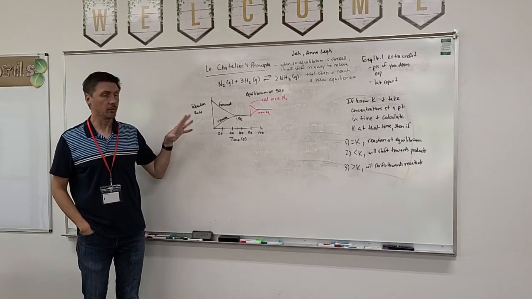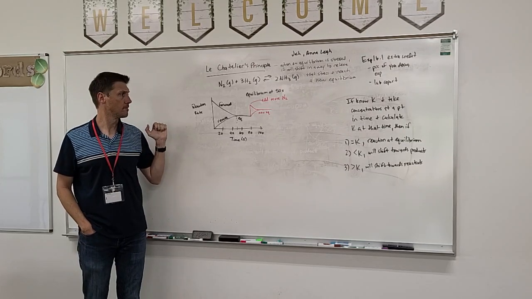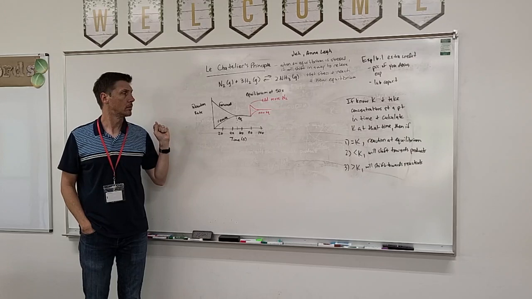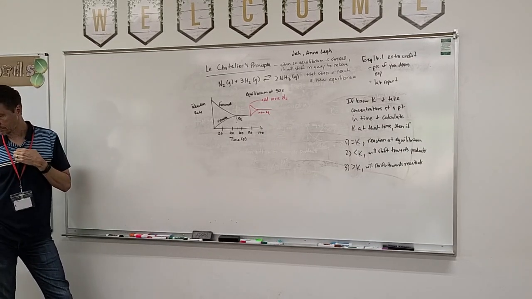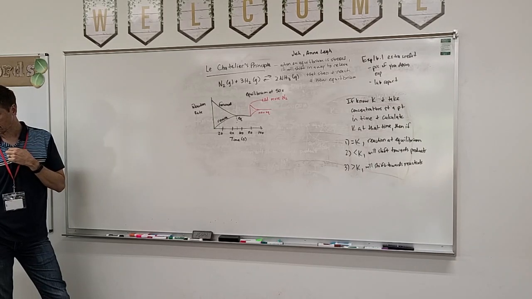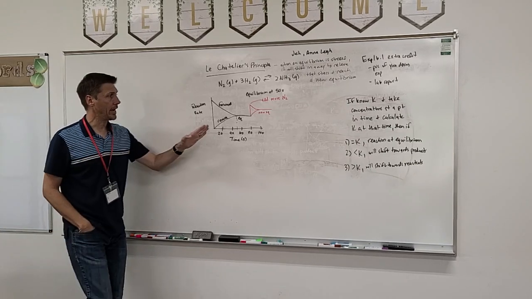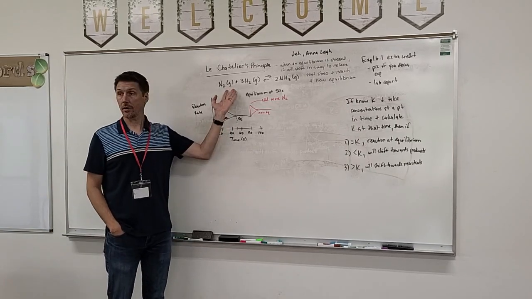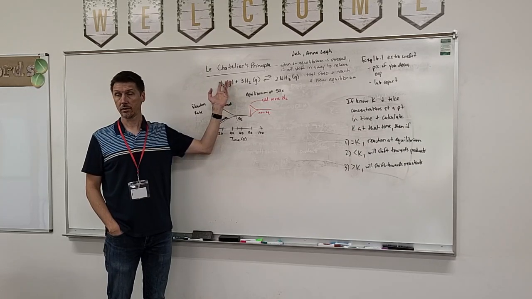So what happened with this reaction, I'll let you guys finish writing that down. So with this reaction here, we added N2, and so the concentration of N2 got much greater on this side. Does that make sense? Right?